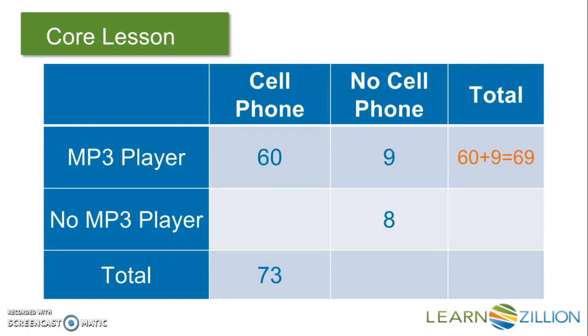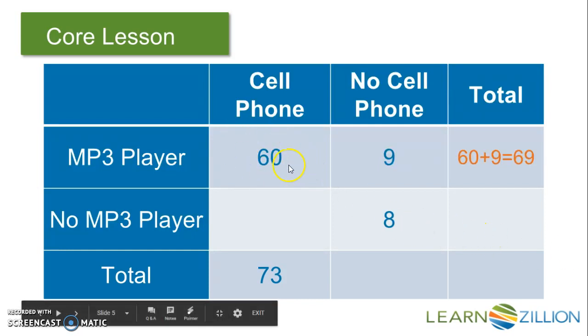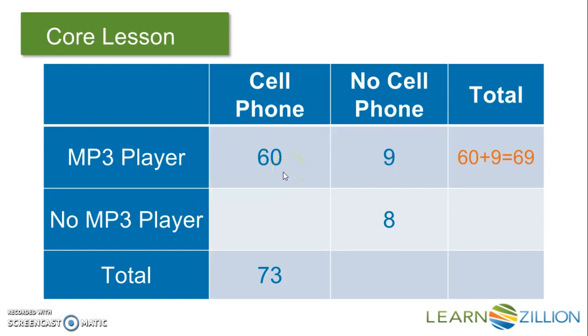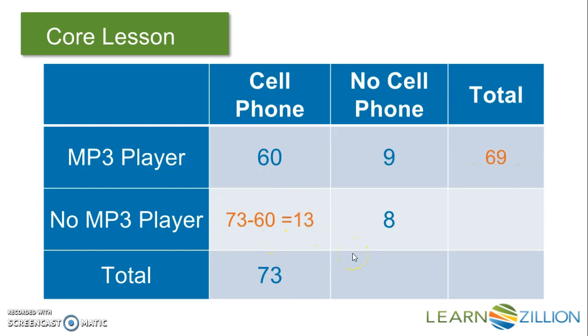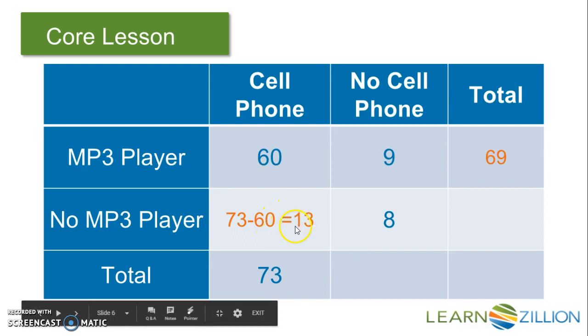Okay, so cell phone, MP3 player. So it said 60 had a cell phone and MP3 player. All right. And the data told us that there were 73 total with the cell phone. So now you can deduce the information from here. So there's 73 here. So 73 minus 60 would be 13.